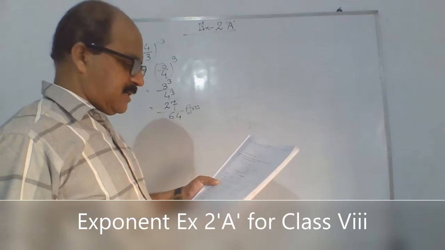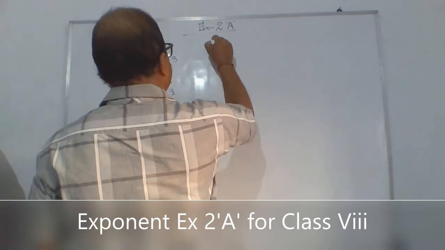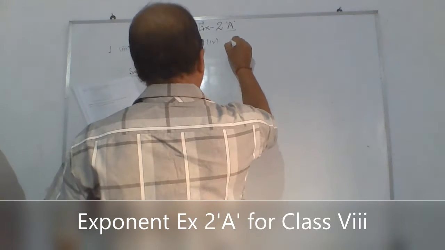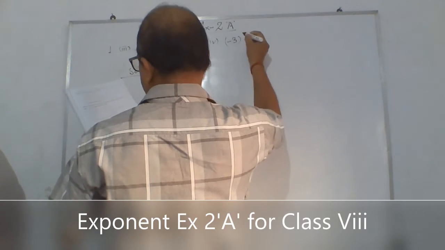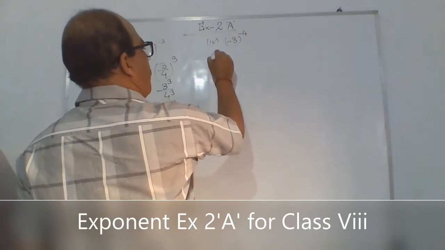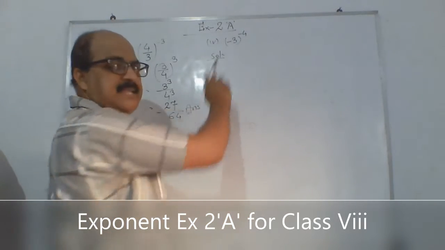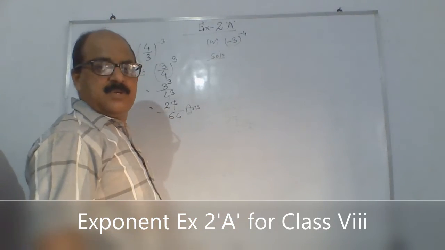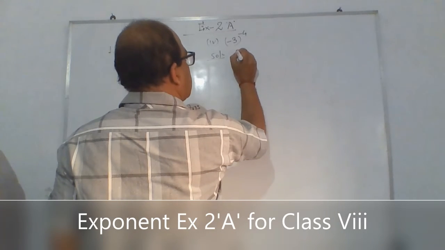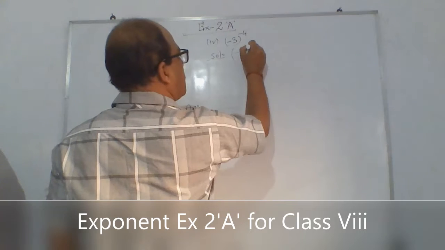In question number 4 also, minus 3 to the power minus 4. Very simple. As we know, 1 is lying in the place of the denominator. So this is minus 3 by 1 to the power minus 4.